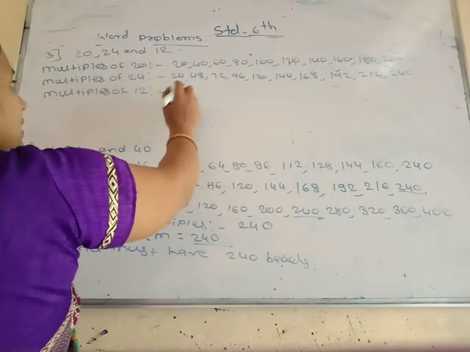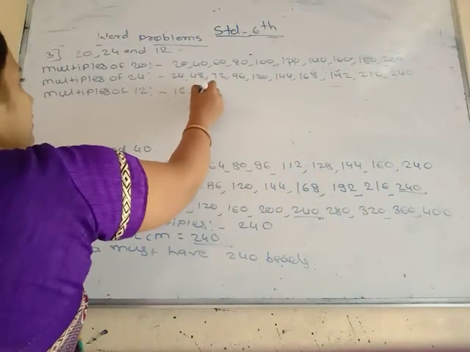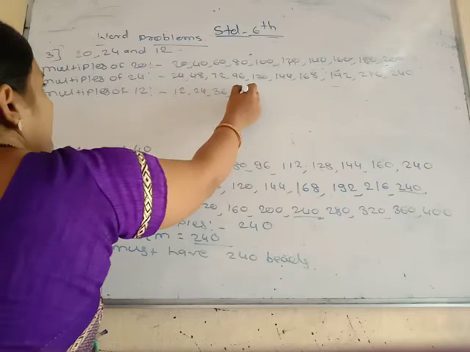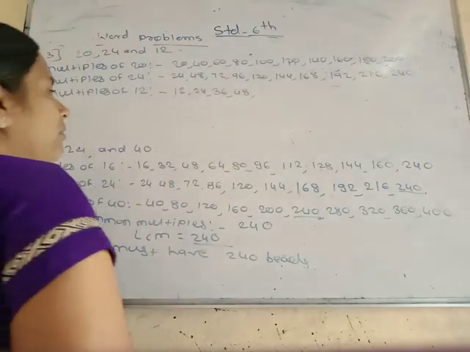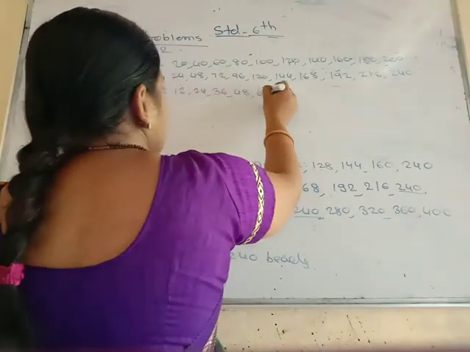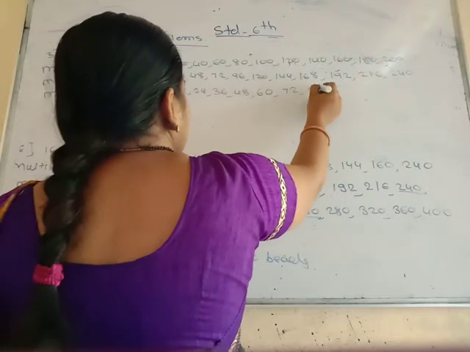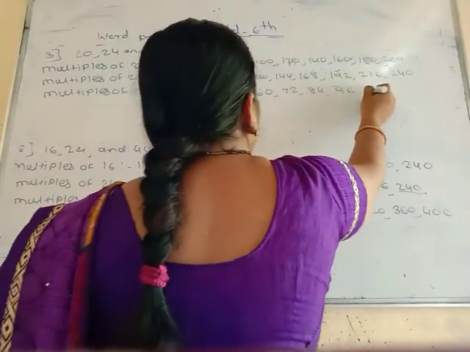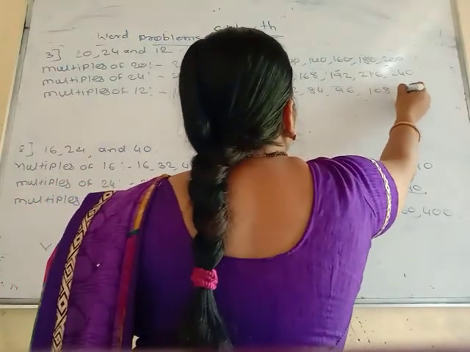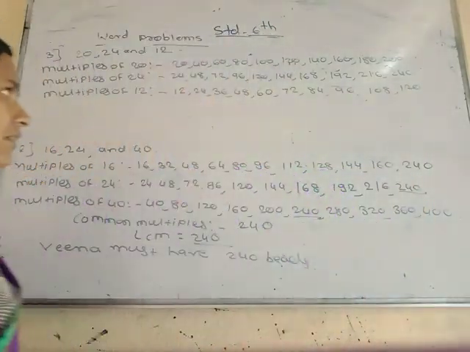Then the 12 table: 12, 24, 36, 48, 60, 72, 84, 96, 108 and 120.